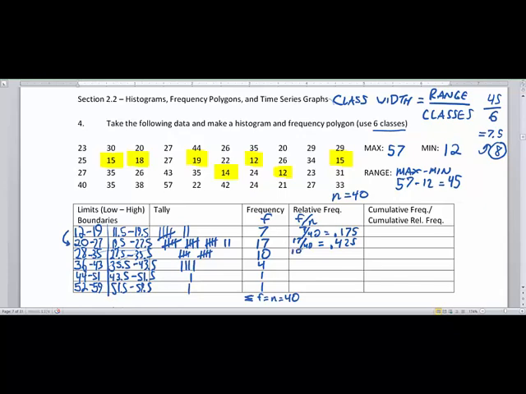If we go 10 divided by 40, then we get an answer of 0.25, or 25 hundredths. Now, I think it would be best to put a 0 here, because the 0 is going to be the easiest way to compare it versus the others. And this is incredibly important as we do our data moving forward, because we're going to want to compare them and we're going to want to draw this histogram accurately.